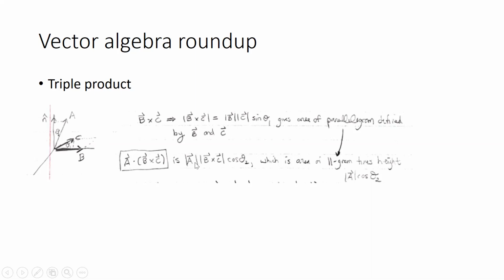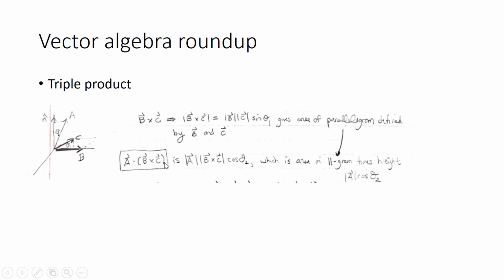But the length of a vector times the length of a second vector times the cosine of the angle between the two of them gives the dot product. So we have A dot B cross C. So that's the area of the parallelogram times the height, A cosine theta 2.